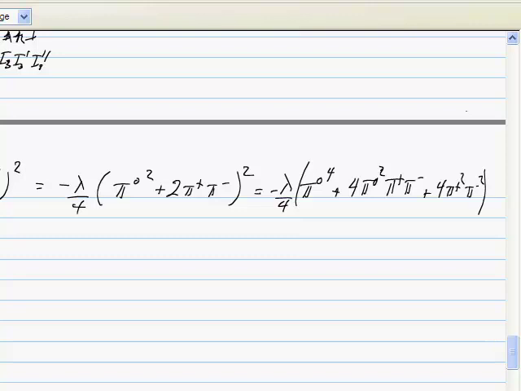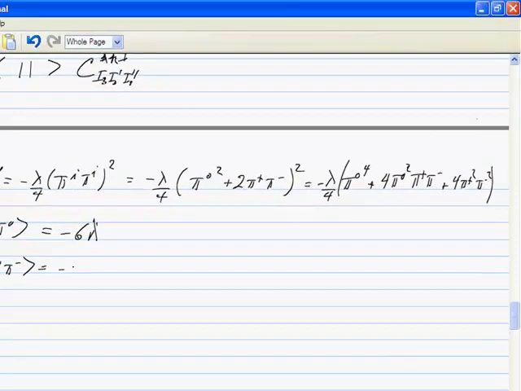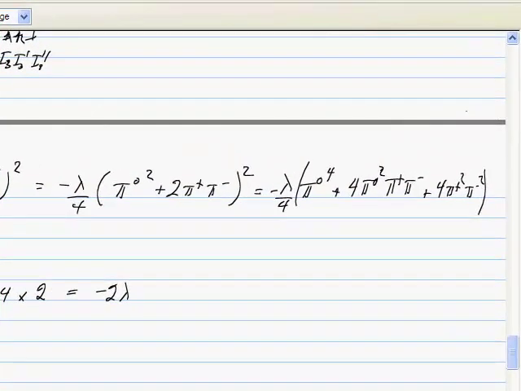So if I read it off of that, I get minus lambda over 4 times 4 times 2. The 2 comes from the fact that there are two ways to employ this, but only one way to employ that. One of the pi zeros in pi 0 squared can annihilate the first one and then create the second, or the reverse.